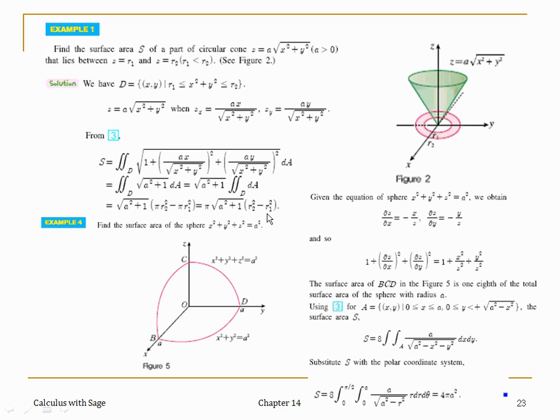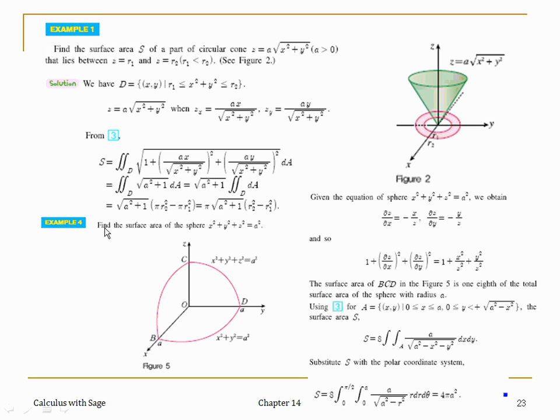So this is one answer for that. And then for the next example, here this circular cone represents this. So we integrate from here to here, when R1 is here and R2 is there.